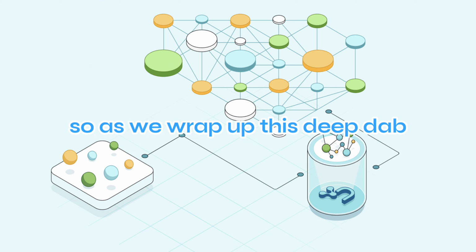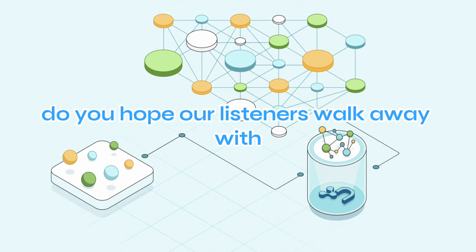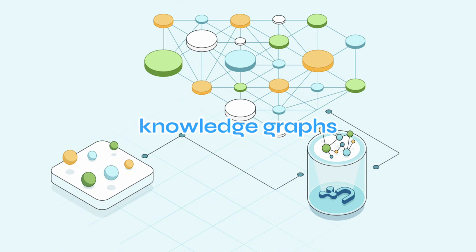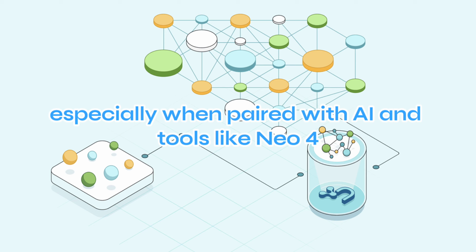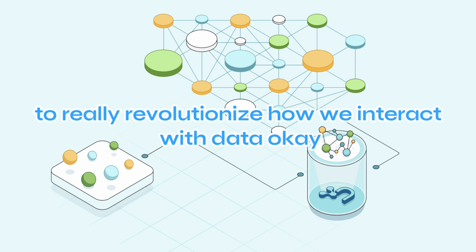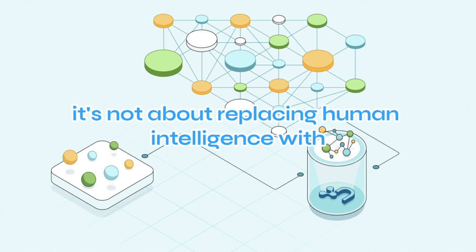So as we wrap up this deep dive, what key takeaways do you hope our listeners walk away with? I think the most important takeaway is this. Knowledge graphs, especially when paired with AI and tools like Neo4j GraphRag, have this incredible potential to revolutionize how we interact with data. This revolution is not about replacing human intelligence with artificial intelligence.